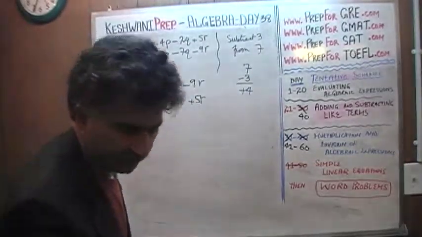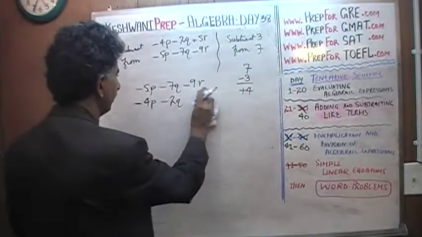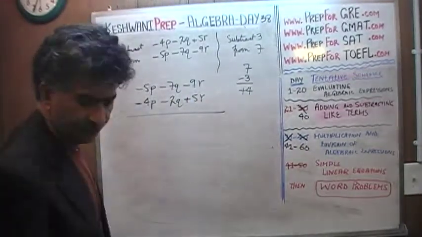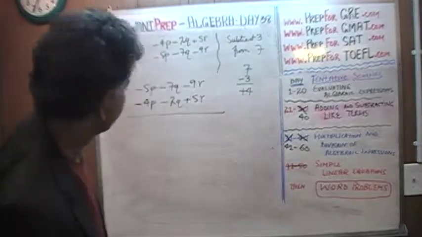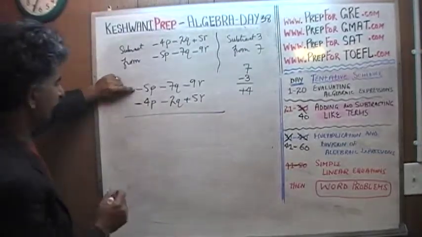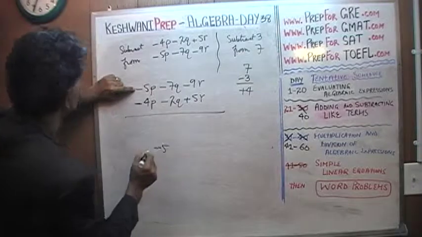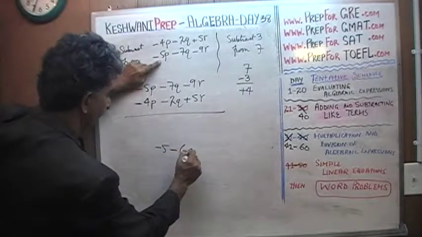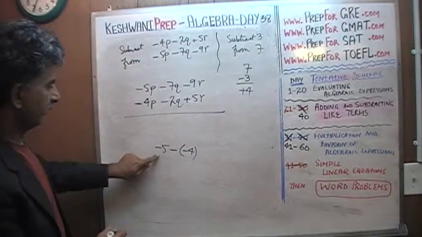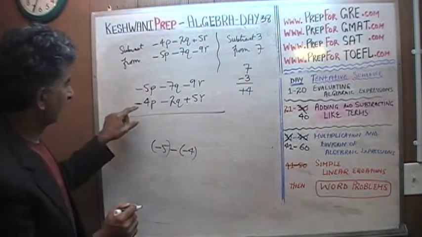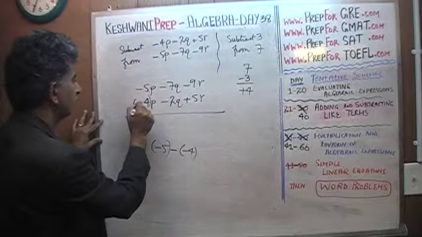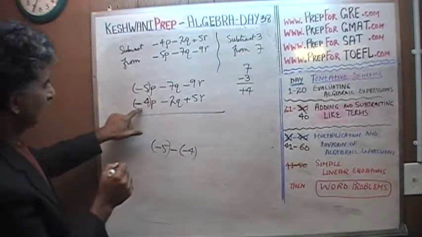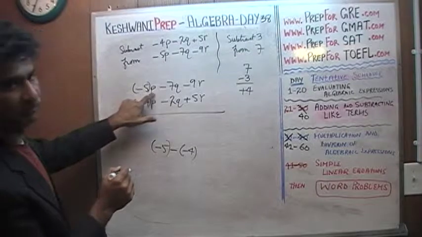The second thing that gets tricky here is that we have a negative 5p, and from that we are subtracting negative 4p.